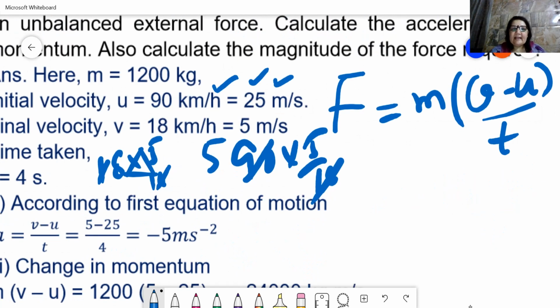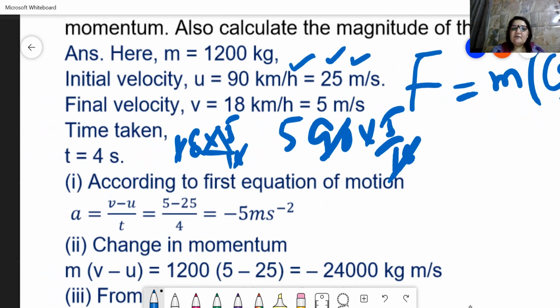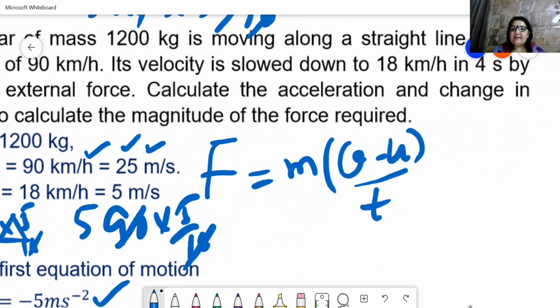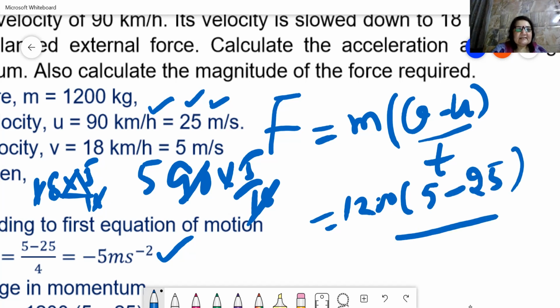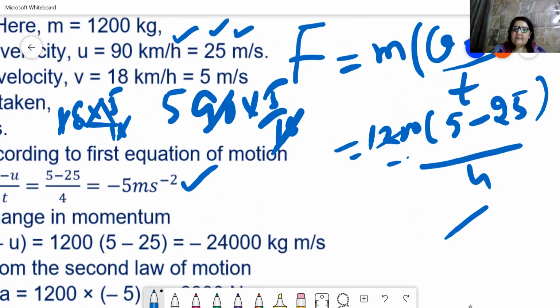Either you do it separately to find A, like we have done here: A is equal to V minus U over T. The value is minus 5 meter per second square, and then you multiply it by the mass. But if you prefer the direct formula, you can write 1200 multiplied by (5 minus 25) divided by the time taken. The time taken is 4, and in the next step we can cancel it like this: 4 into 300, so 300 multiplied by minus 20.